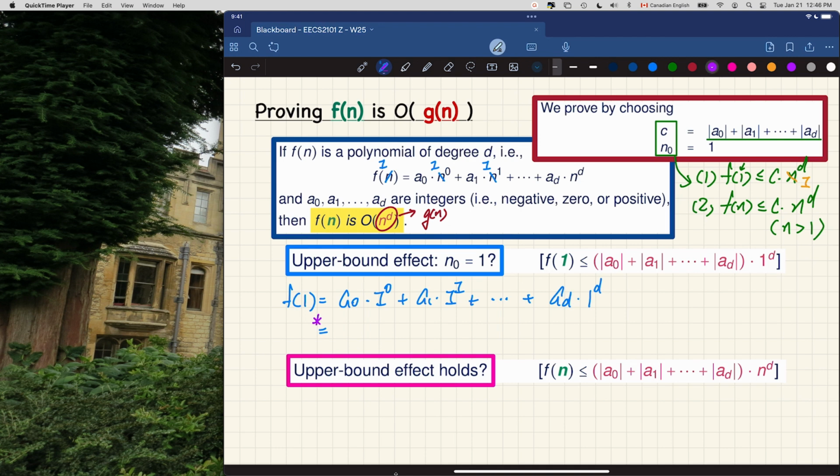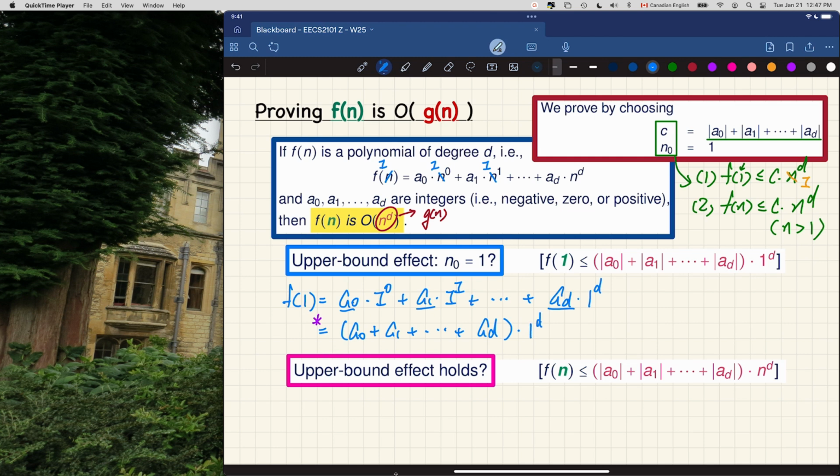I'm claiming that this particular term can be simplified into the following. I'm taking all the multiplicative constants, A0 plus A1 plus all the way to AD, and then I get over here 1 to the power of D.